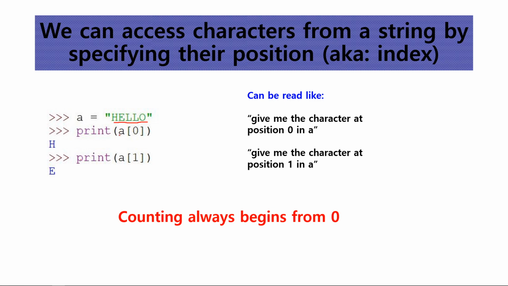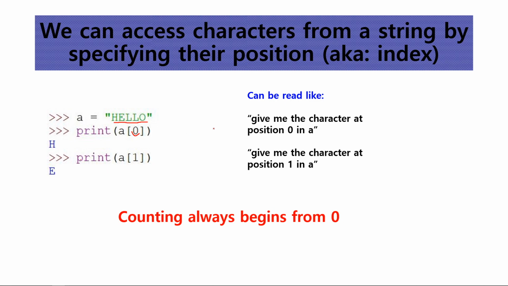Then if I write a and I use these brackets and I specify what is known as the index, then by using that index I can tell Python the location of the character I want. Index is basically the position of a character. If we count from 0, at what point do we reach the character you want?